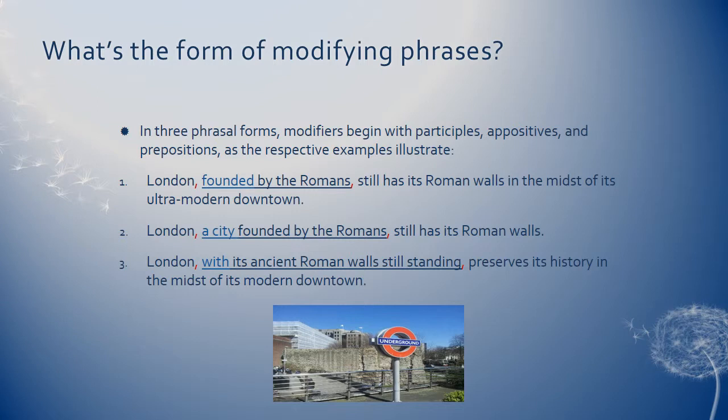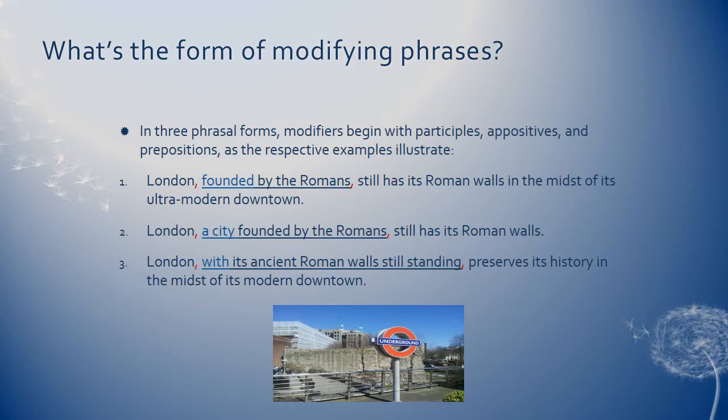Well, after adjective clauses, let's look at adjective phrases. What's the form of modifying phrases? Well, in three phrasal forms, modifiers begin with participles, appositives, and prepositions, as the respective examples illustrate. First, London, founded by the Romans, still has its Roman walls in the midst of its ultra-modern downtown.